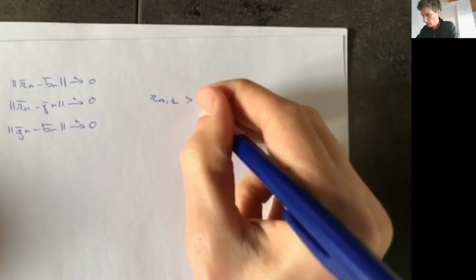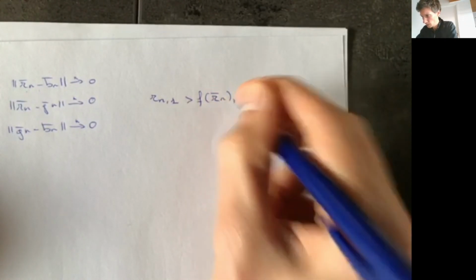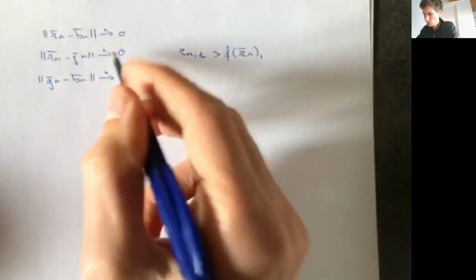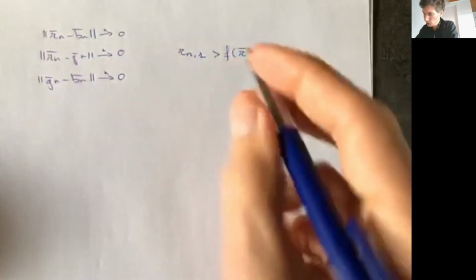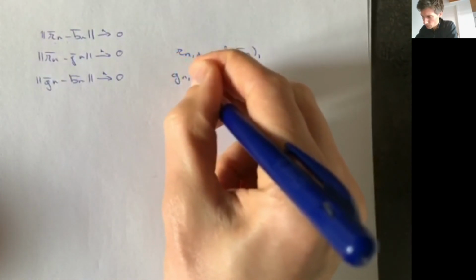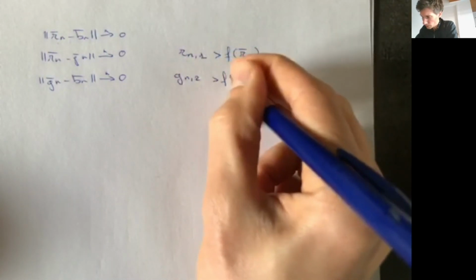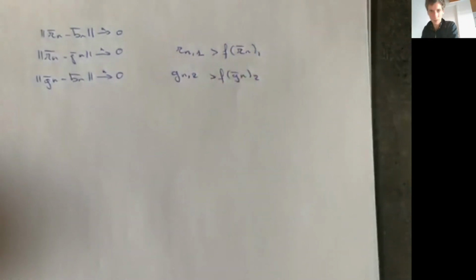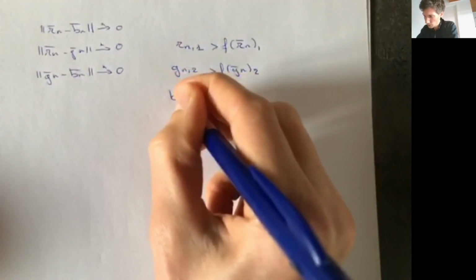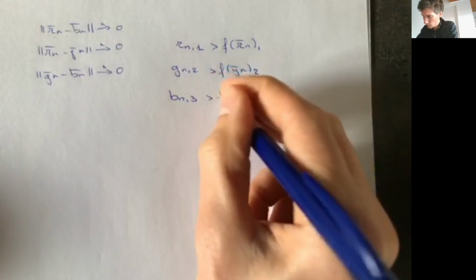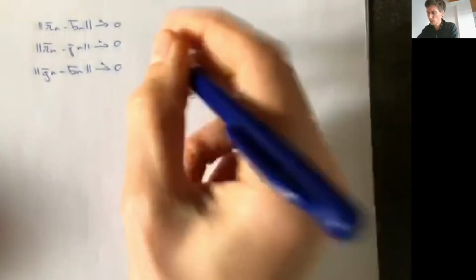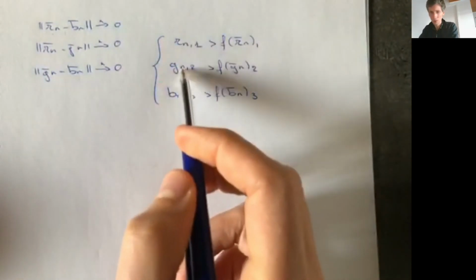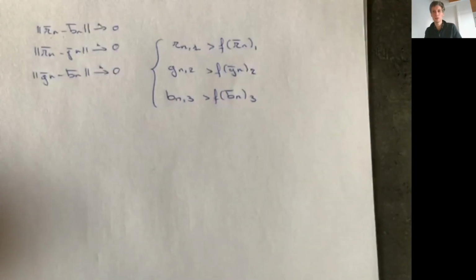So this is greater than f of Rn1. For the green vertex, it was the same, but it was for the second component. So Gn2 is greater than f of Gn2. And for the blue one, I have that Bn3 is greater than f of Bn3. Okay, this is because these are red, these are green, and these are blue, and this is the rule of how I colored my vertices.